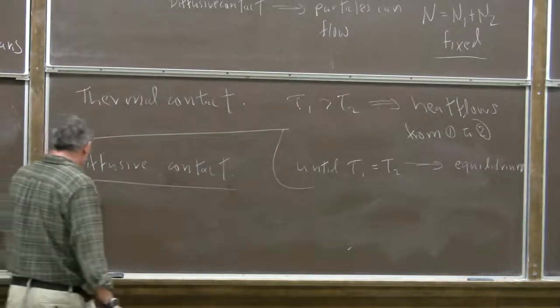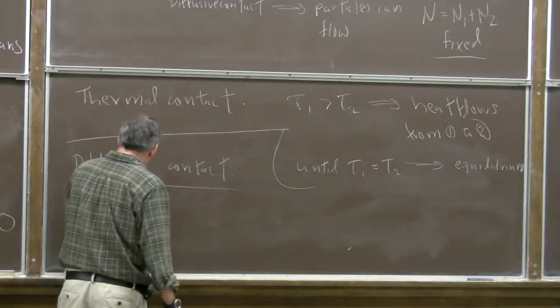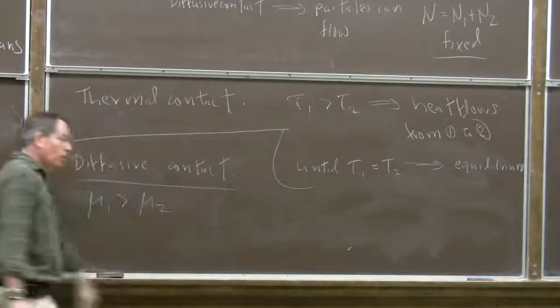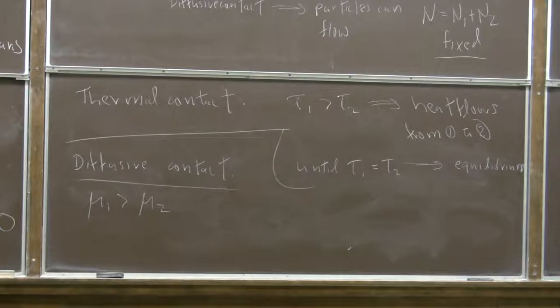Such that if the chemical potential of 1 is greater than the chemical potential of 2, once diffusive contact is established, the system again will find the most probable configuration with the maximal number of accessible states.